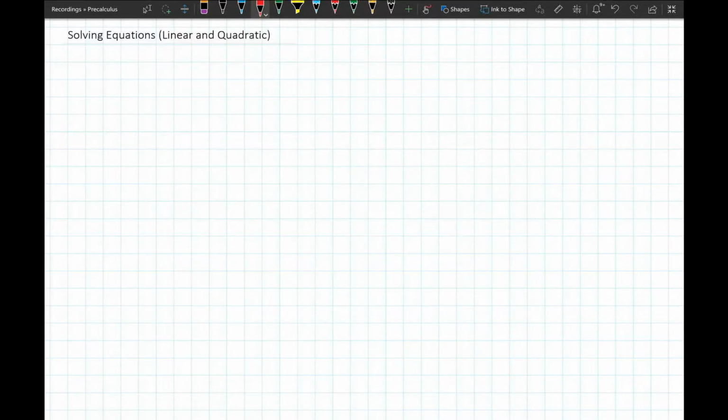Now, an equation is whenever you have some sort of expression on one side of the equal sign and some expression on the other side of the equal sign. On its own, an expression is not really complete. It is just something like 2x squared, which on its own doesn't mean much.